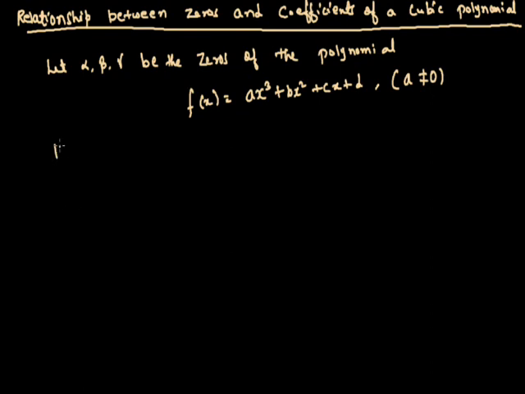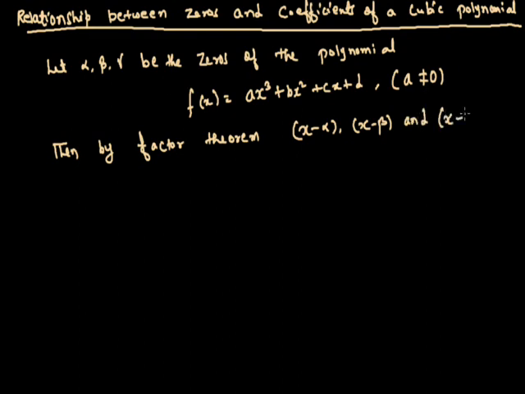Then by factor theorem, x minus alpha, x minus beta and x minus gamma are the factors of f(x).